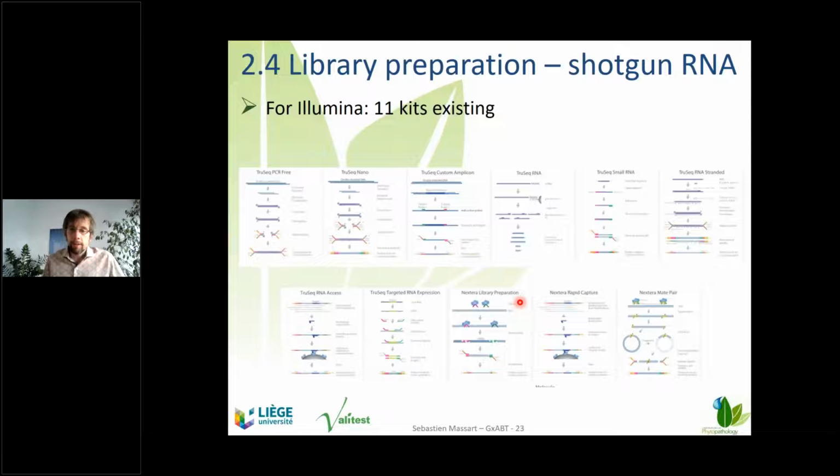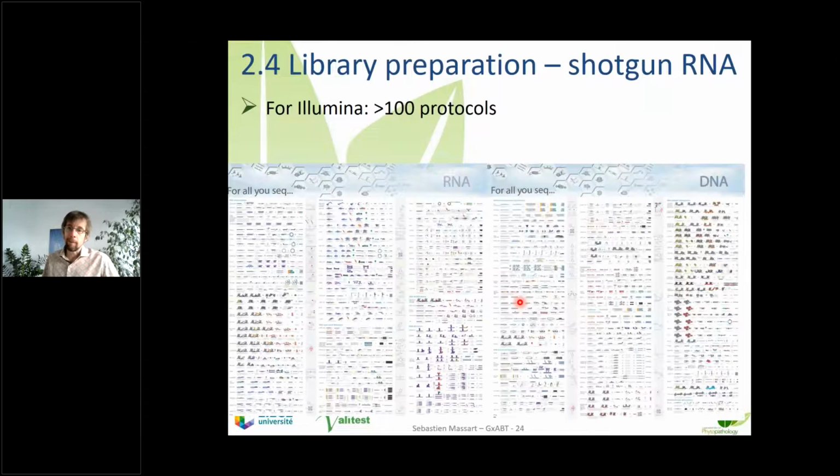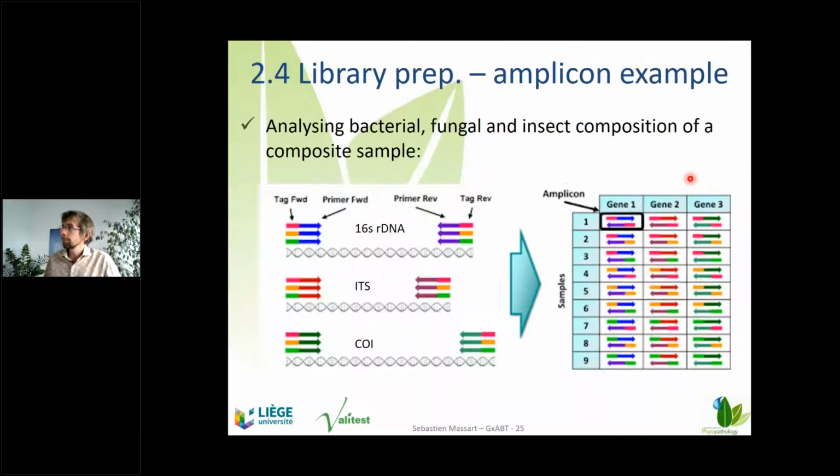Have in mind that there are plenty of kits. For example, for Illumina there are at least 11 kits and hundreds of different protocols, either to analyze your RNA or your DNA. But among all these protocols, if you look at the recent publications, you will quickly find what the most popular ones are.